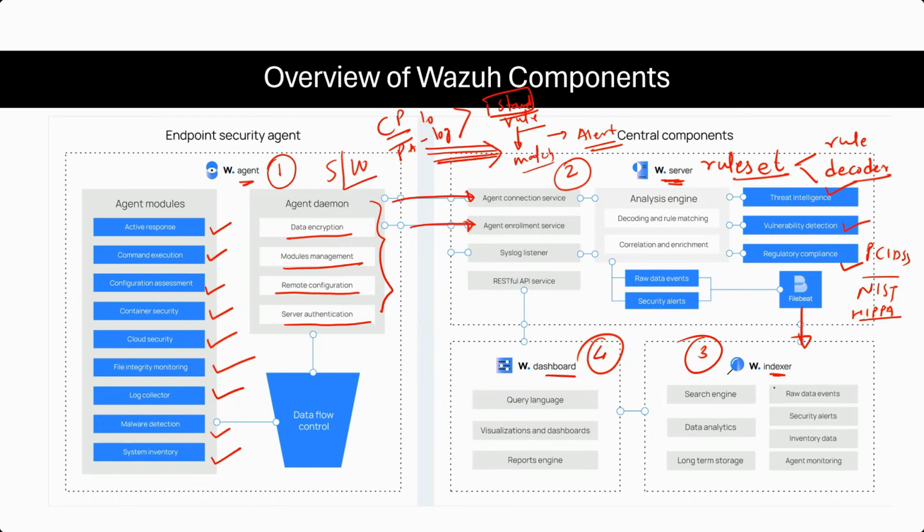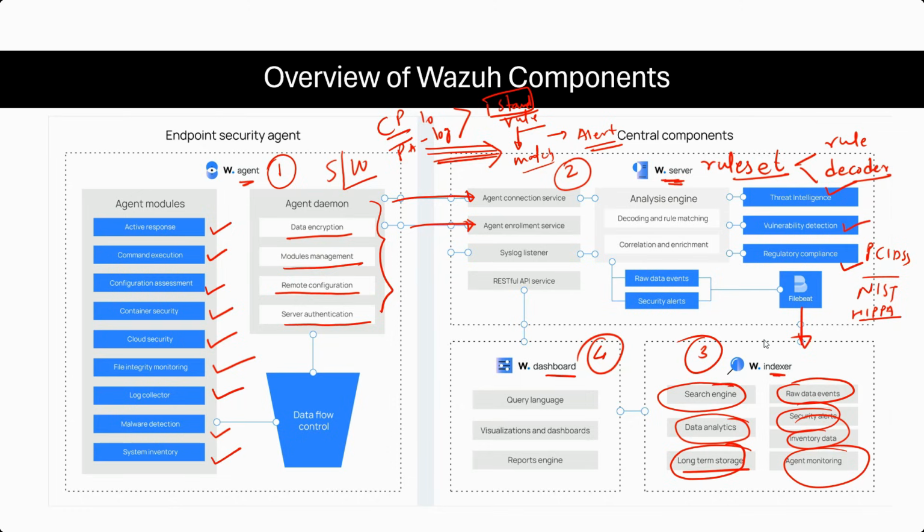It stores all the information about raw data events, security alerts, inventory data, agent monitoring data, and performs log retention and long term storage as well. So this performs the entire search engine capability through which you retrieve all the logs and alerts. It also has data analytics capability. By default, Wazuh uses OpenSearch. That's already there.